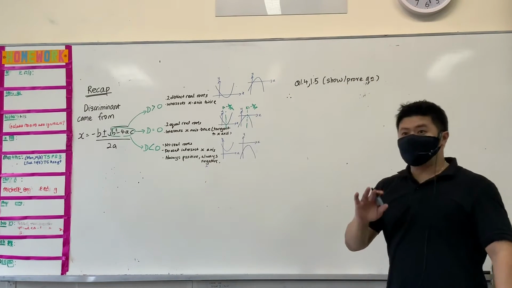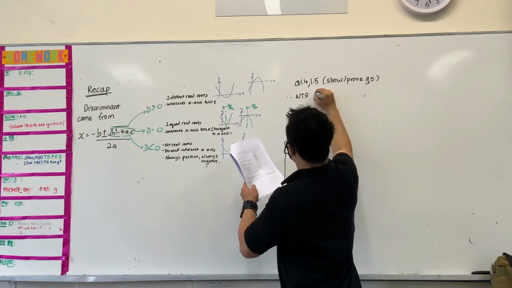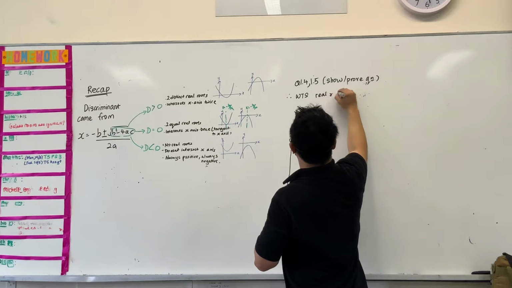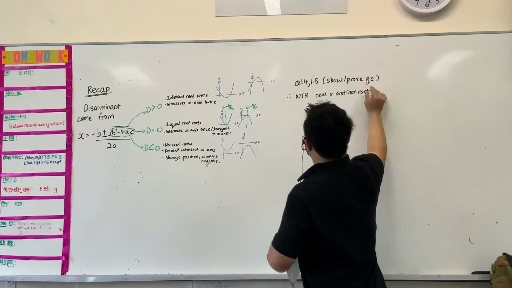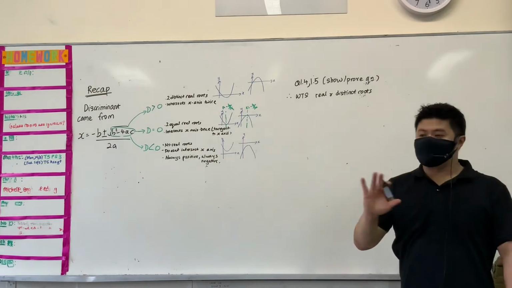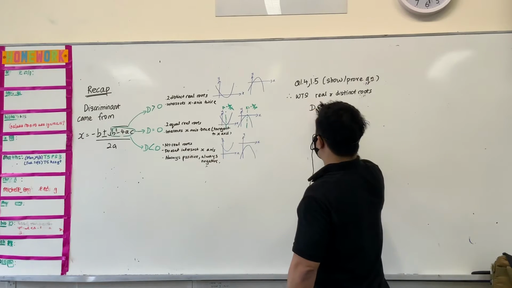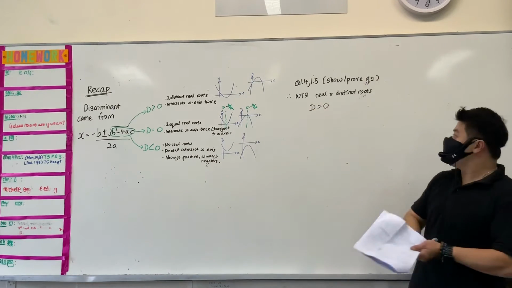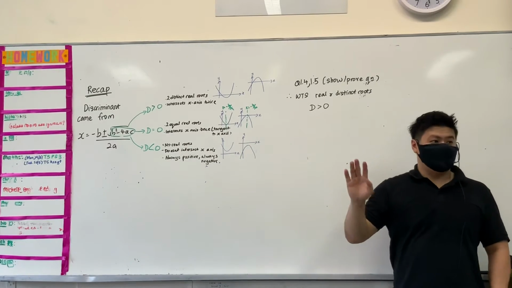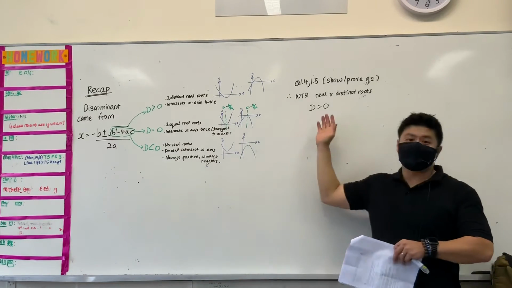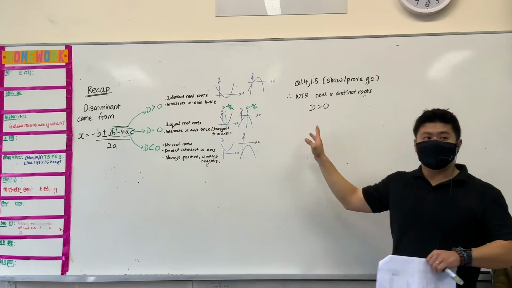Because you are asked to show real and distinct roots, what you cannot do is write down discriminant more than 0 as your first step. The moment you write this, you lose marks. This is not because your concept is wrong, but because of your presentation. This is what you want to show.